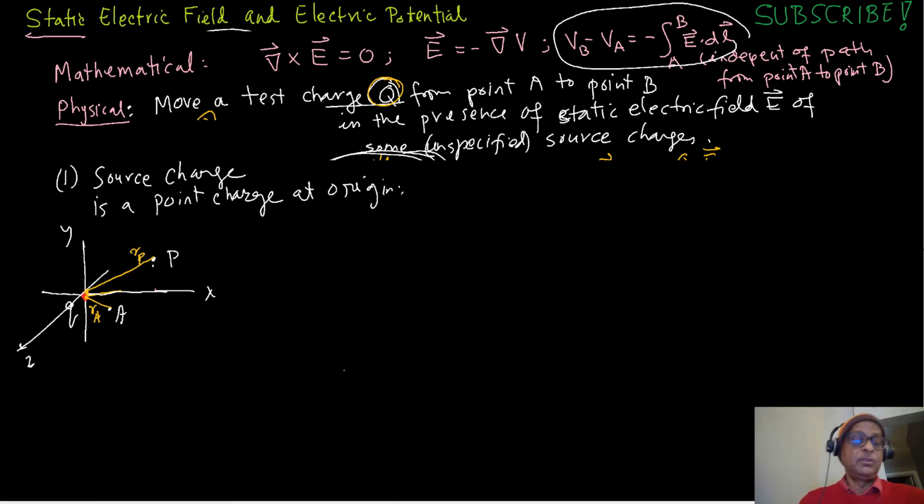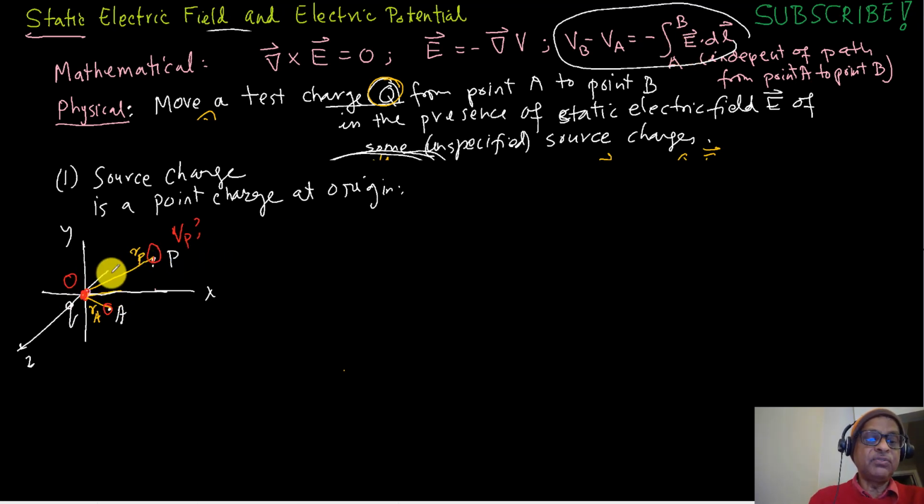Okay, so suppose this is the source charge, and the source charge is at the origin, and we want to know what VP is going to be. So all we can do is pick a point A, and from A to P we do this integral because we know the electric field.